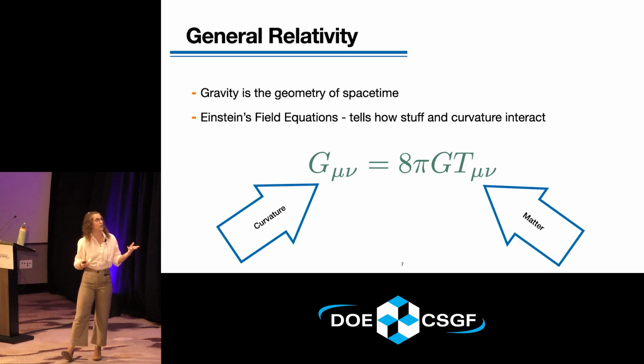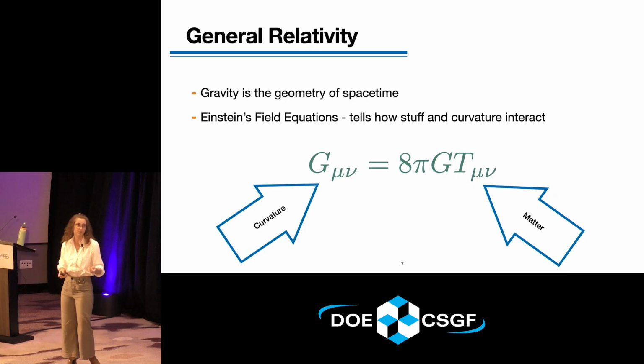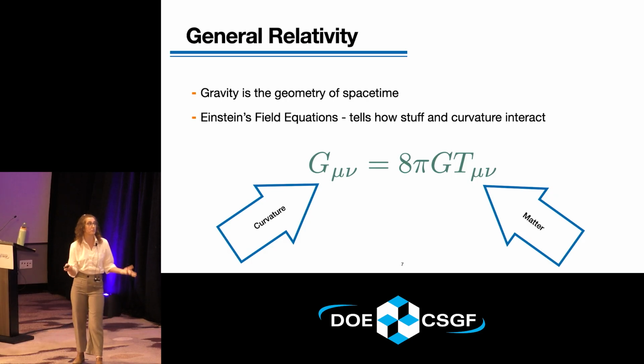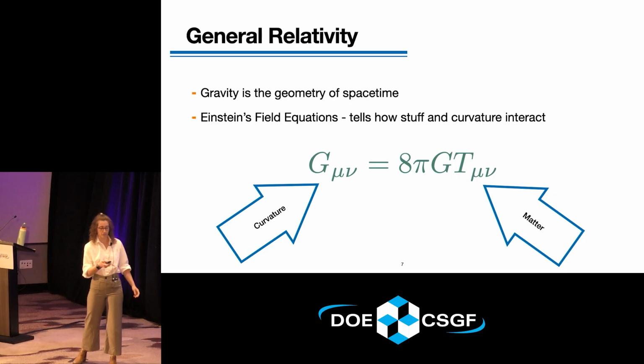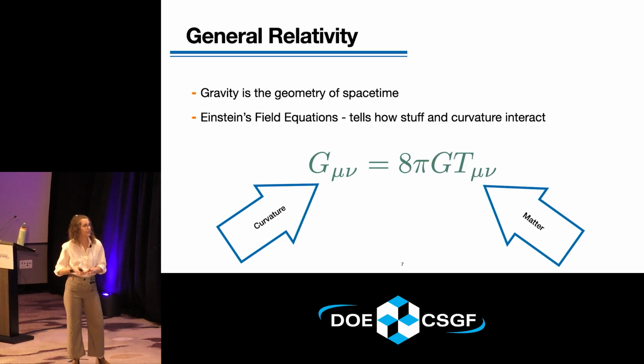OK, so if we actually want to understand this, this is what general relativity is. It's telling us how the stuff of our universe, right, the planets and the people and the puppies, is interacting with the very essence of space-time, the curvature. And this is summarized really beautifully in Einstein's field equation, which is this equation here. I only have 2 equations, I promise.